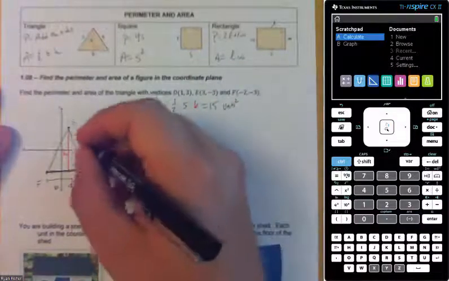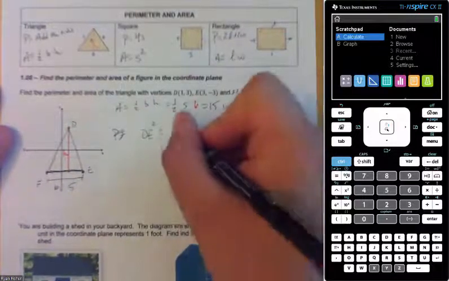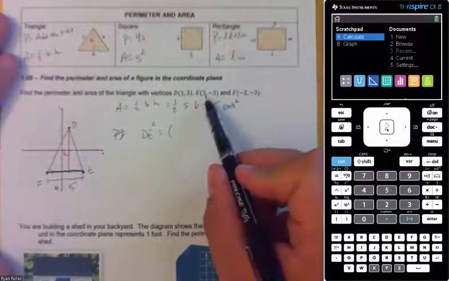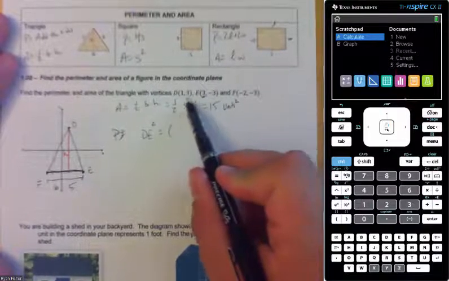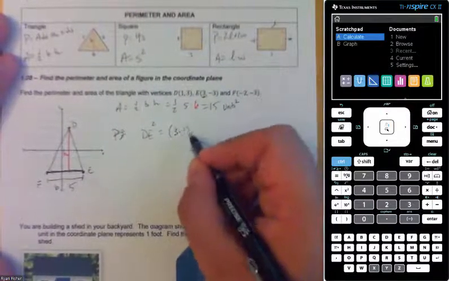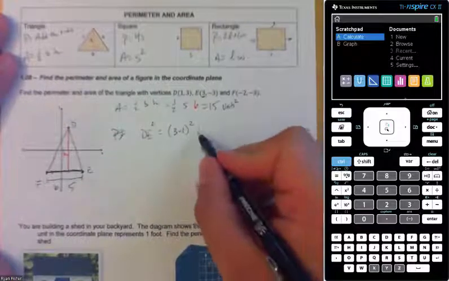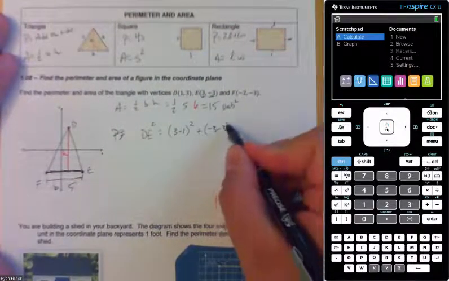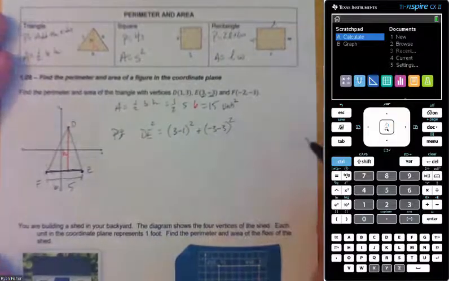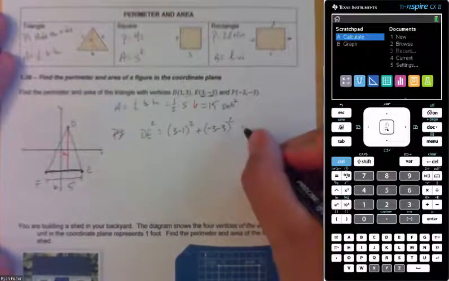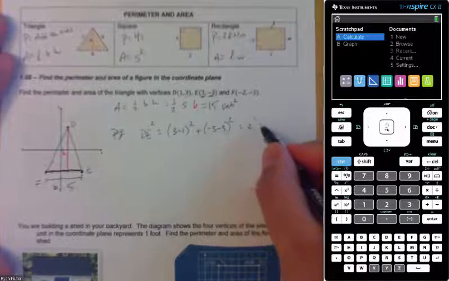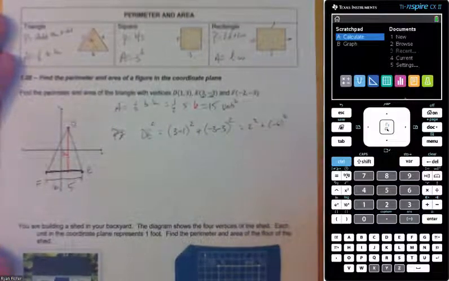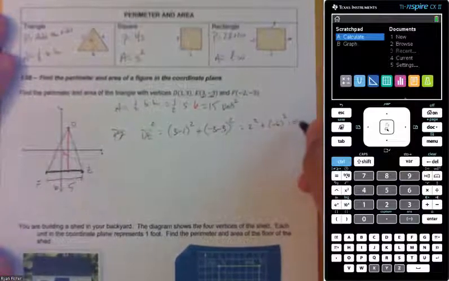squared, DE squared, is the difference of the x's. So for D and E, how about the x's subtracted, 3 minus 1 squared, and add that with the difference of the y's, so negative 3 minus 3, squared. 2 squared plus negative 3 minus 3 is negative 6 squared, which is 4.